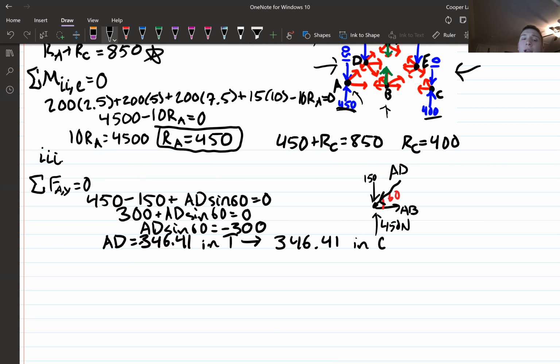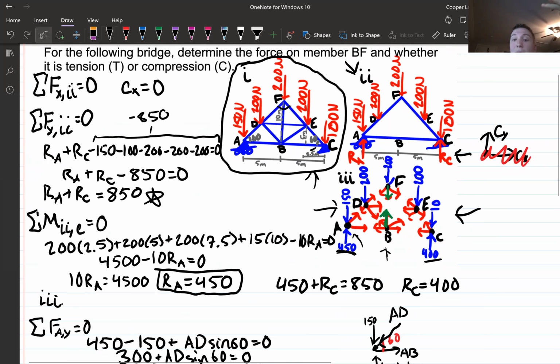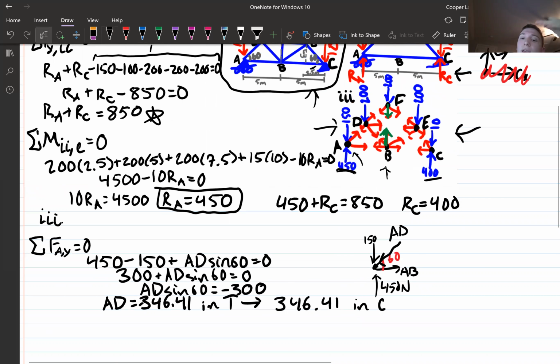Now I can also go into my next point here, which is going to be at point D. I could also try to solve for AB and work my way all the way around. However, I'm going to try to avoid point B because it has 5 unknowns. So I'm going to be going around that wherever possible.